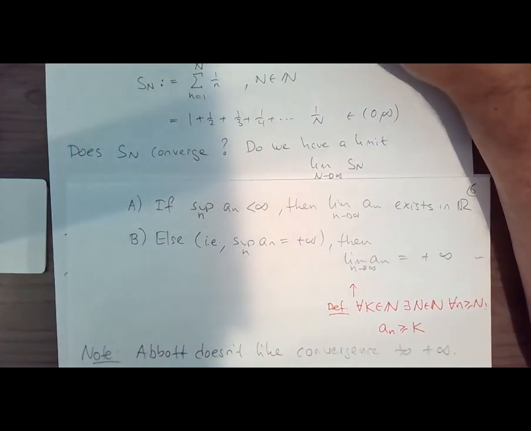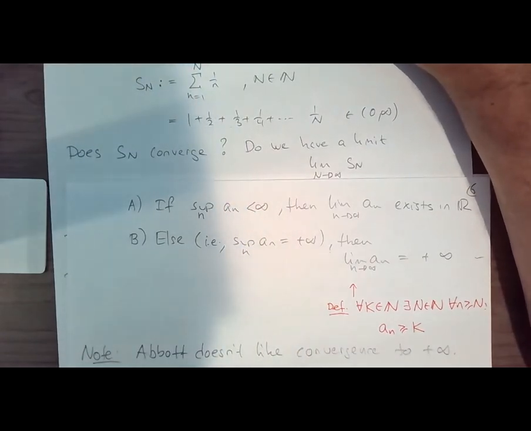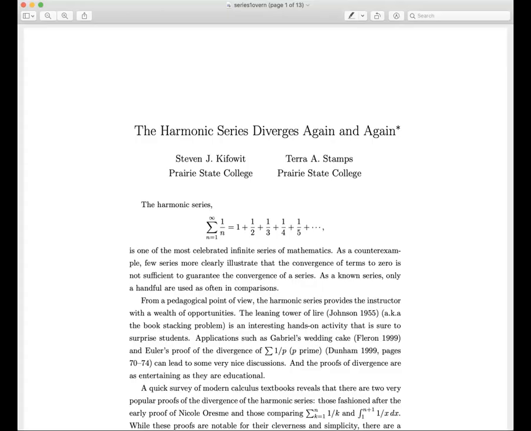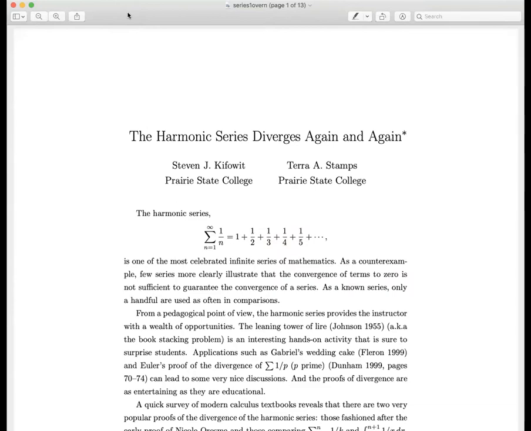So let me share this file. Here's a file that says this is the series that we look at. We add 1 over n, and so on. This is one of the most celebrated infinite series in mathematics. Okie dokie. What does he say?